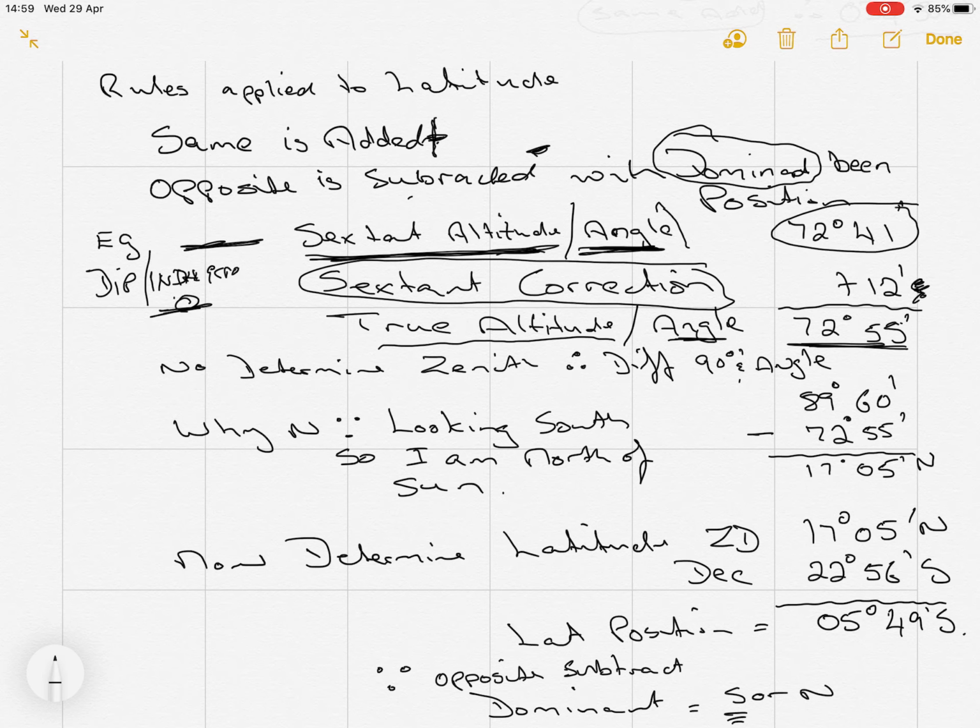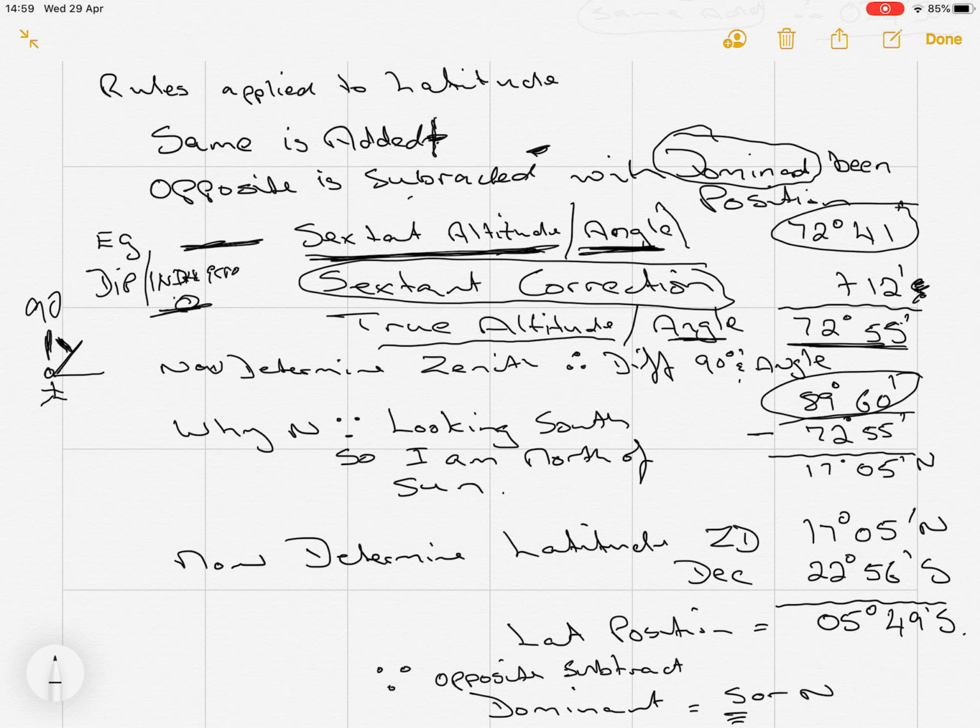Now, I need to determine the zenith, which is, in other words, if the sun was directly above my head, but I'm seeing the sun at that angle, that is the difference that I'm trying to find, which tells me how far away I am from where the sun would be directly above, if you can bear with me there. So I've got 89 degrees and 60, which is the same as 90 up here.